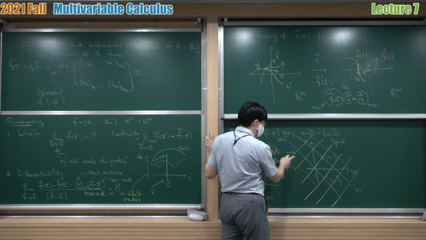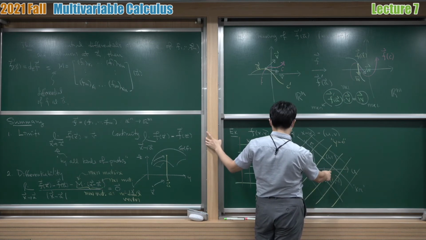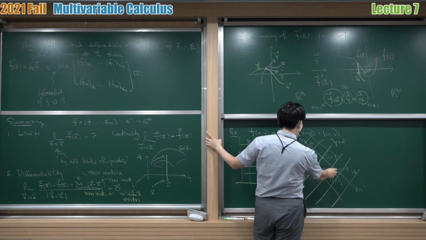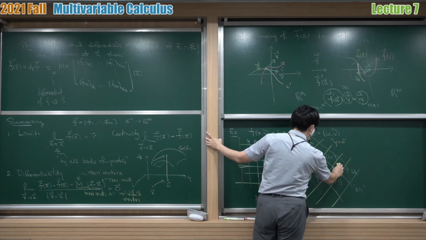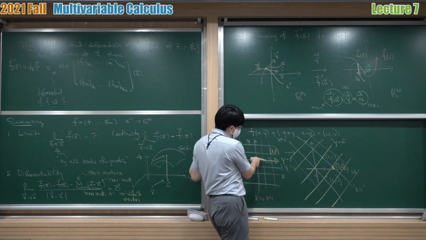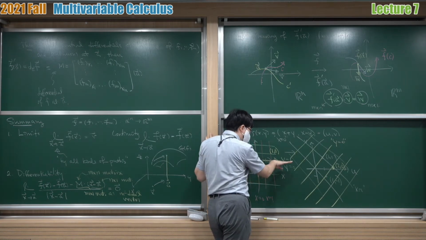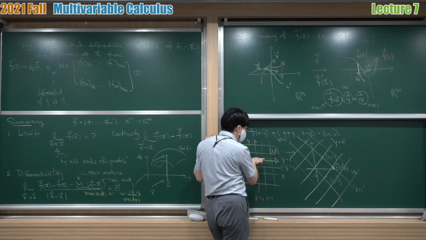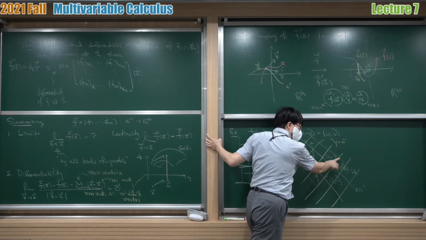So it should start from here somewhere. 2, 1. Does it pass through 2, 1? Maybe. Yeah, let's say this is 2, 1. So when I move my 1, 1 point parallel to the x-axis at unit speed, in the direction of 1, 0, in which direction does 2, 0 in the target space move?